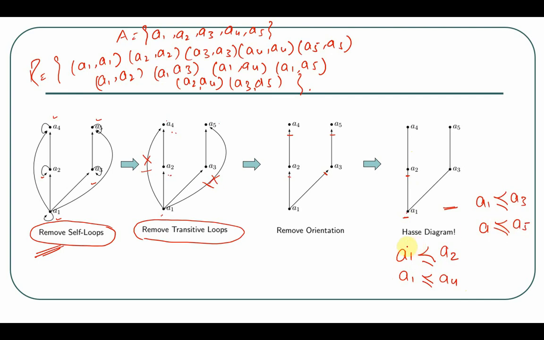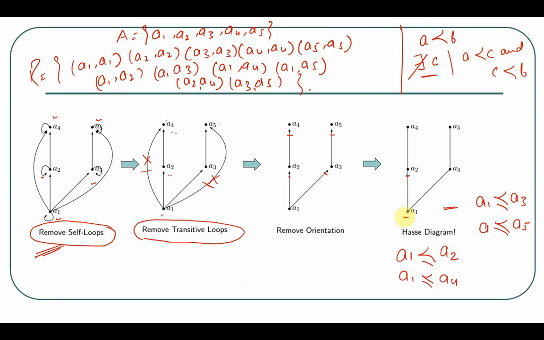If I talk about strict relation, now please pay attention. Strict relation means two elements A and B are strictly related to each other if there does not exist another element C such that A is related to C and C is related to B. There should not exist any element between them.